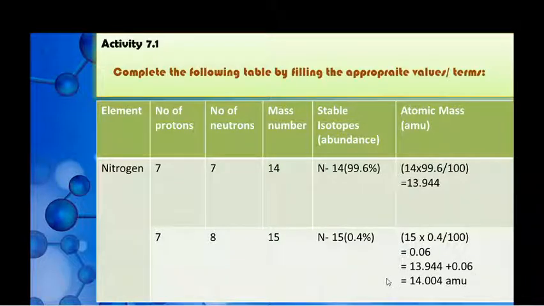So the average atomic mass of the nitrogen element is 14.004. Why here don't we put AMU? Because it is a relative atomic mass. By adding the relative atomic masses together, we get the average atomic mass of a particular element. In the modern periodic table, they use this average atomic mass only.